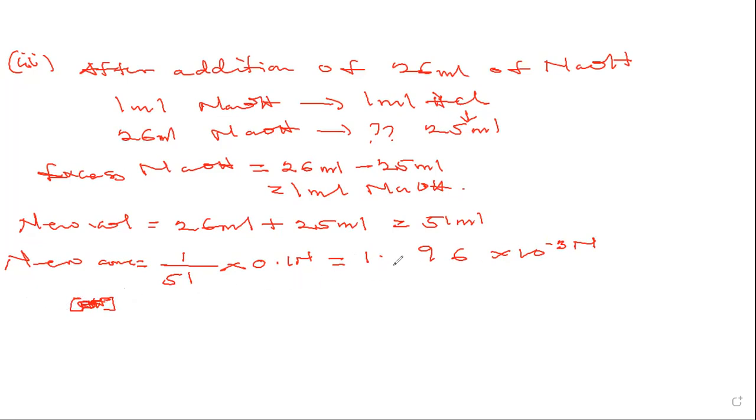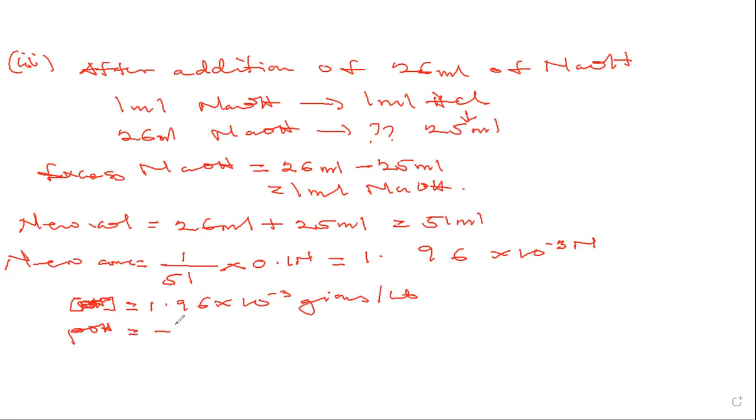So this value is the same as our OH minus in solution. So our concentration of the OH minus is now 1.96 times 10 to the power negative 3 gram ions per liter. But once we have this, we can use it to find our pOH.